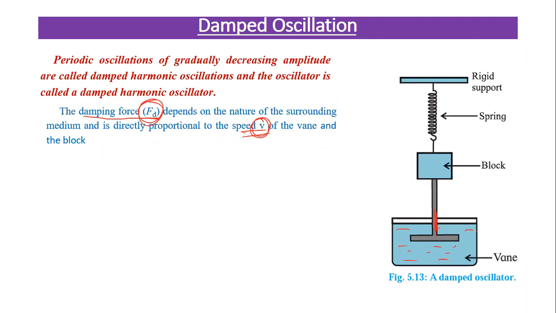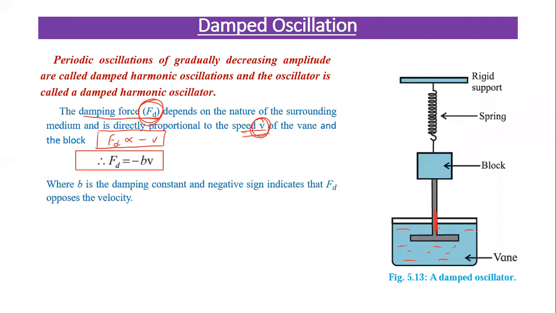They are proportional, and they are oppositely directed. Therefore the minus sign is coming. Damping force is equal to minus b into v, and this b is a constant of proportionality. b is a damping constant.